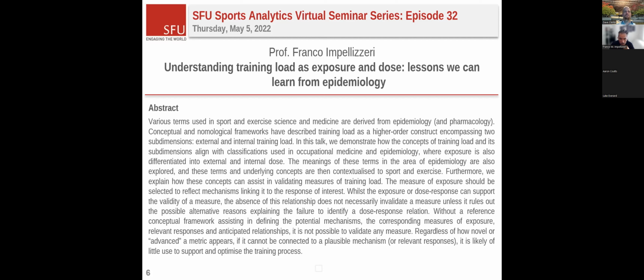Without a reference conceptual framework assisting in defining the potential mechanisms, the corresponding measures of exposure, relevant responses, and anticipated relationships, it is not possible to validate any measure. Regardless of how novel or advanced a metric appears, if it cannot be connected to a plausible mechanism or relevant responses, it is likely of little use to support and optimize the training process.